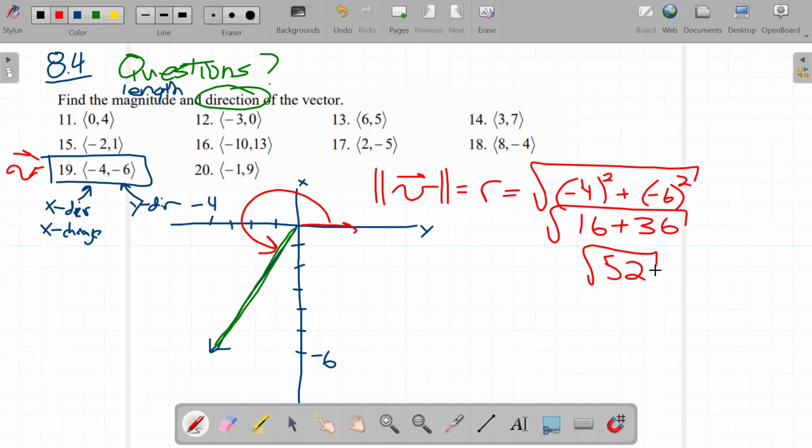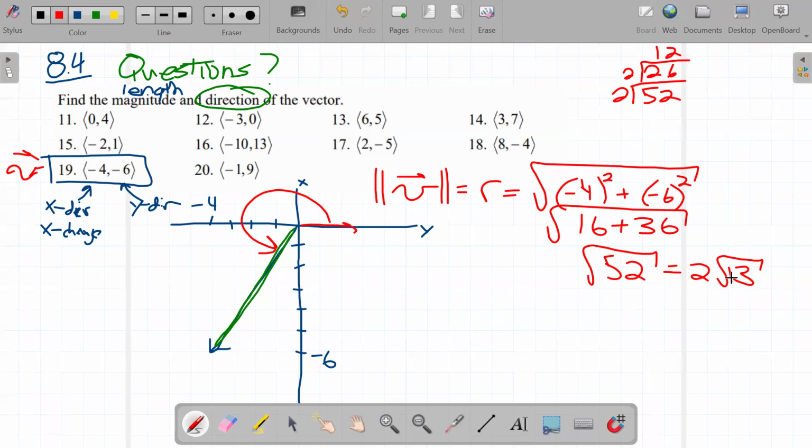If I need to do more with it, for sure. Otherwise, I don't recognize it as a perfect square. Let's see. 2 goes into 52 how many times? 26 times. And 2 goes into 26 13 times. So I could simplify it as 2 times the square root of 13. They're both good answers. I would be happy with either.